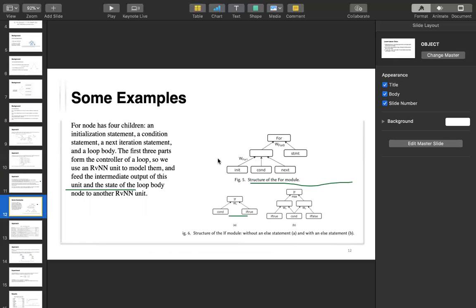The paper designed the specific neural structure like this because the first 3 parts form the controller of the loop group, and they use a recursive RNN to model them. And for the intermediate output of this unit and the statement of the body, they use another recursive RNN.